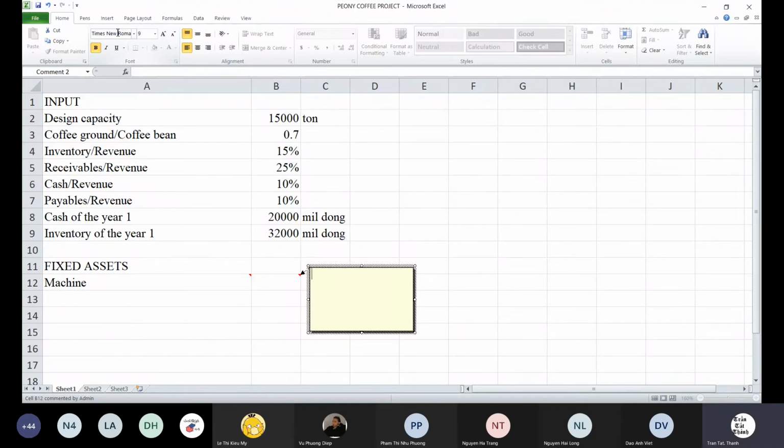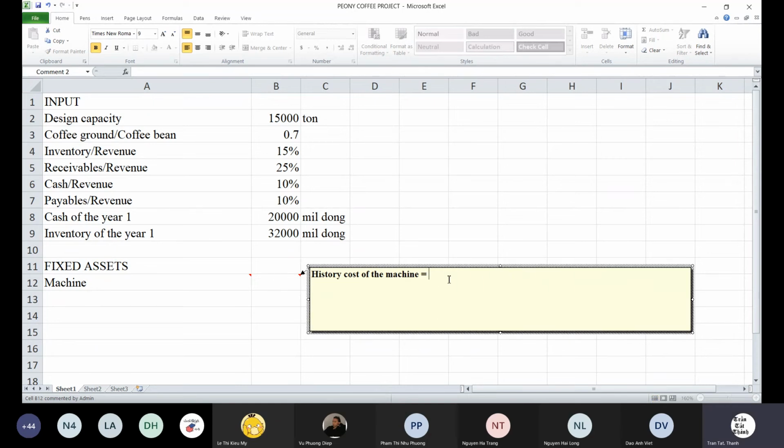The historical cost of the machine equals the CIF price times 1 plus the import tariff rate, or import duty rate, times 1 plus the installation cost rate. Okay, so that's the way you calculate that one.